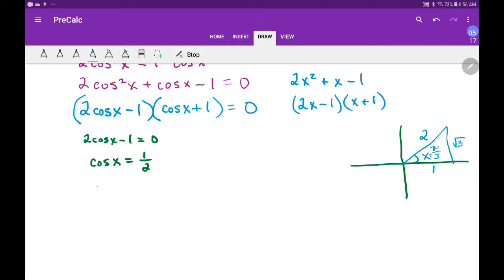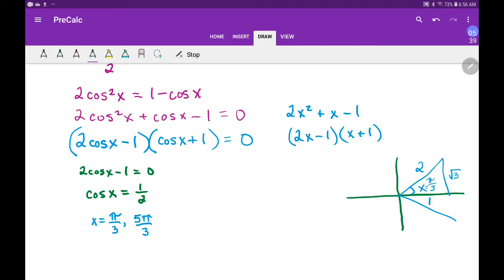Okay, so x is equal to pi over 3, 60 degrees. And where else is it positive? Well, it's also positive down here in the fourth quadrant. And so we're going to say 5 pi over 3, 60 in the fourth quadrant as well. Okay, so those are my tentative answers.